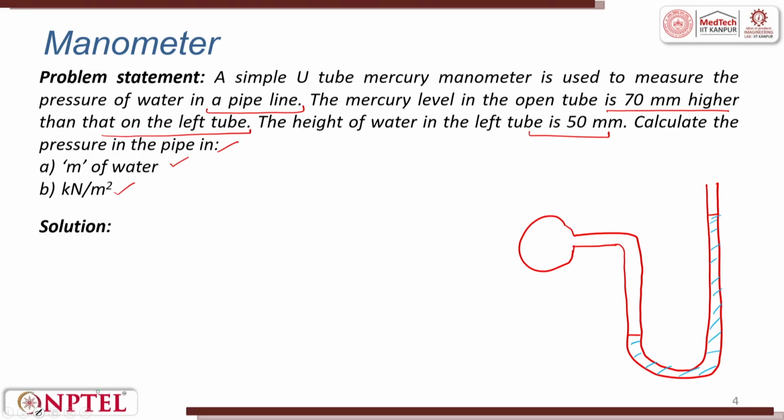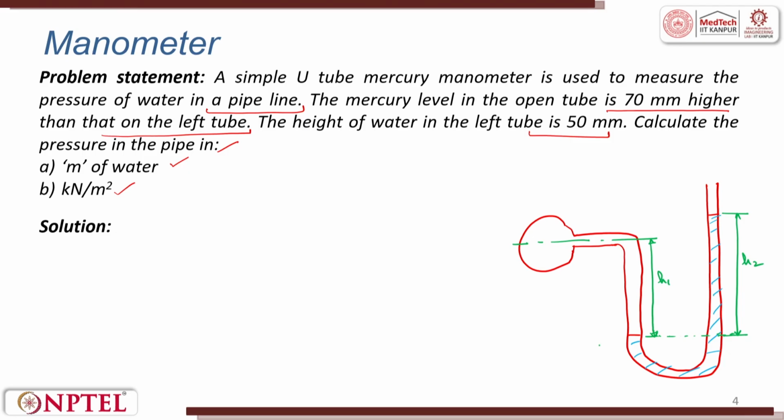Then this difference between this center to this level, this is H1, and this difference from this level on the left tube to the level of the right tube, this is H2.